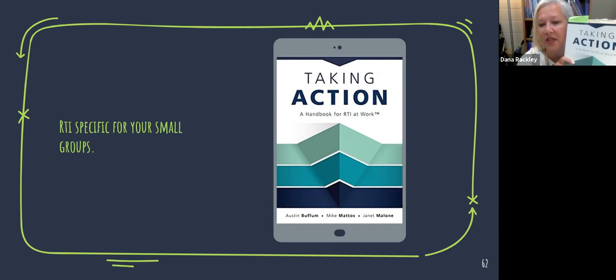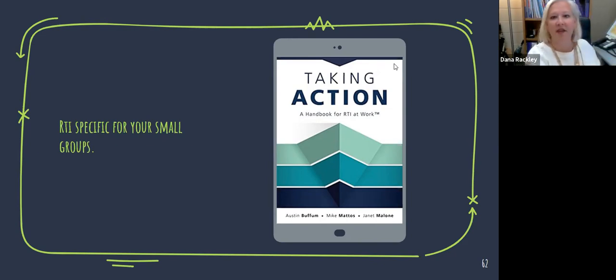This is a great one to get that started, the RTI process. This is where we also learned about the inverted pyramid as opposed to the traditional. Lots of good information, lots of good scenarios and ideas in this book.